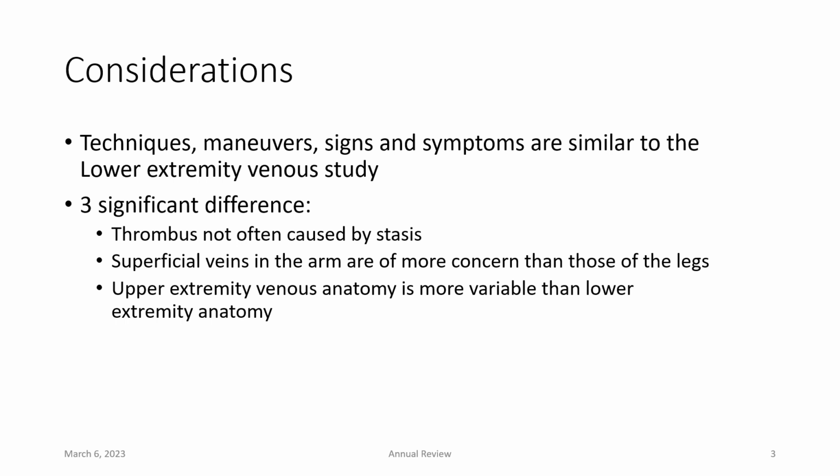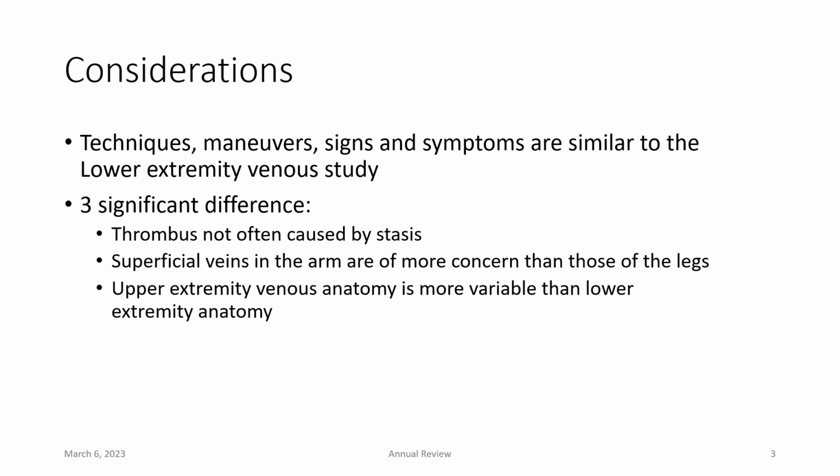The three major significant differences between the upper and lower extremities is that with our lower extremity, we often get thrombus due to stasis, meaning when we're sitting for long periods of time or on bed rest or something like that, we can have clot generally start forming in the sinuses of the leg, the soleus sinus, and then it can extend into the veins.